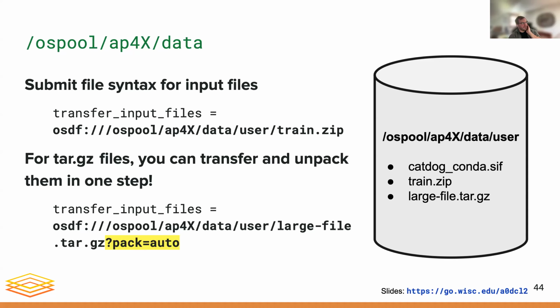These files are getting served up through another software suite that we developed called Pelican. OSDF is an instance of Pelican, and it's a way of caching and moving your big data files throughout the entire OSPool ecosystem, the nationwide cluster of clusters, so that the data should always be living nearby to the compute where your jobs will land.